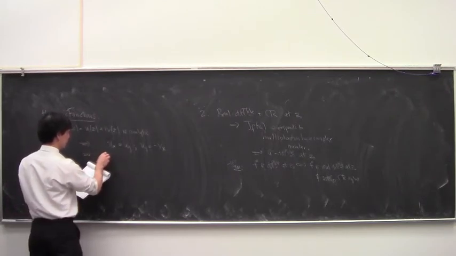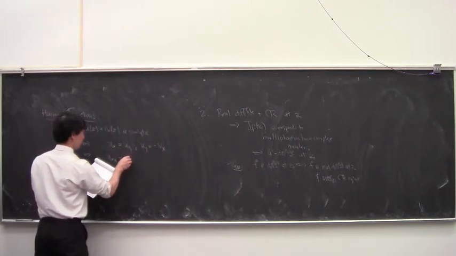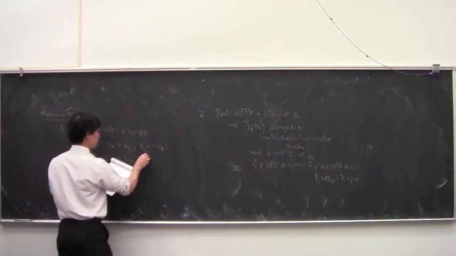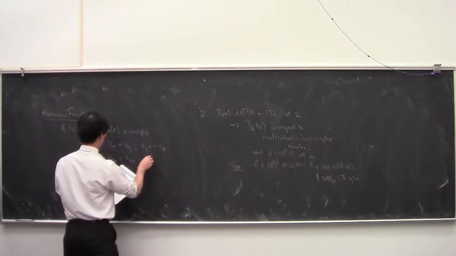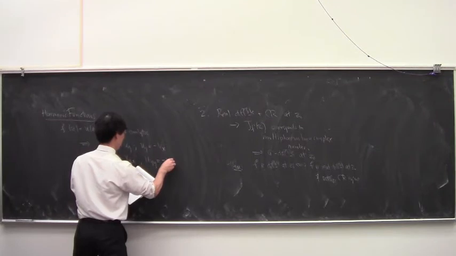That gives you that u sub xx equals v sub yx, and u sub yy equals negative v sub xy.